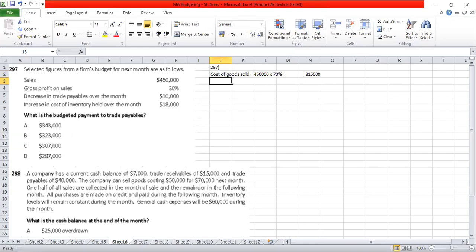After that, decrease in trade payables over the month and increase in cost of inventory over the month. So what are these things? What are trade payables? Trade payables are the westernized term used for sundry creditors, and sundry debtors. The Indian version of these things is sundry creditors and sundry debtors.